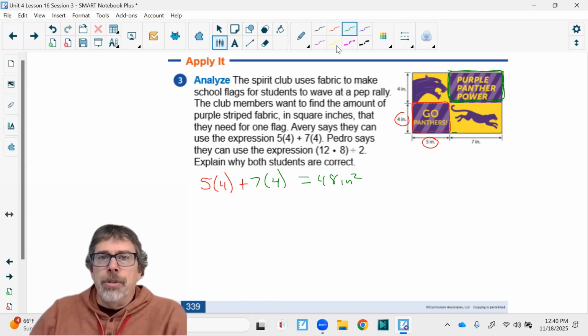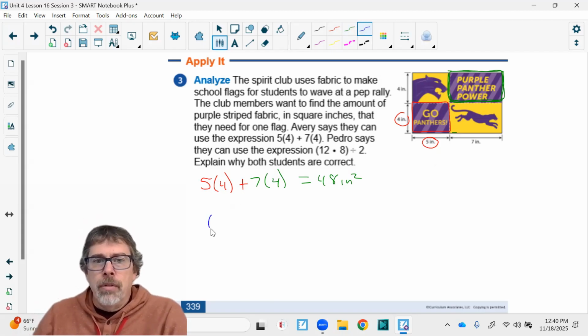What did Pedro do? Pedro took 12 times 8 and divided it by 2. So where's 12 coming from? It's the left side of the flag. I'm sorry, 8 is right here. So this is the length and this is the width of the entire flag.